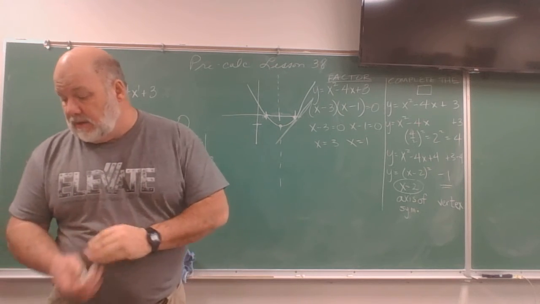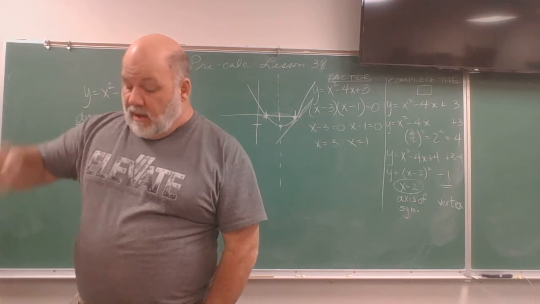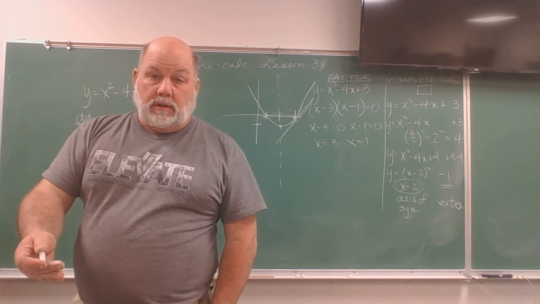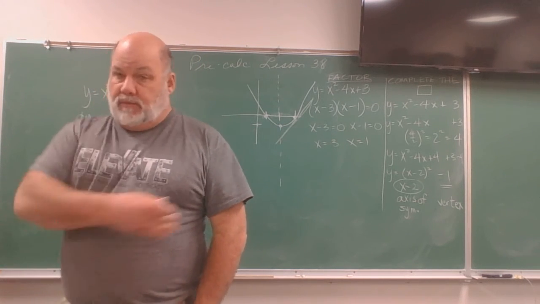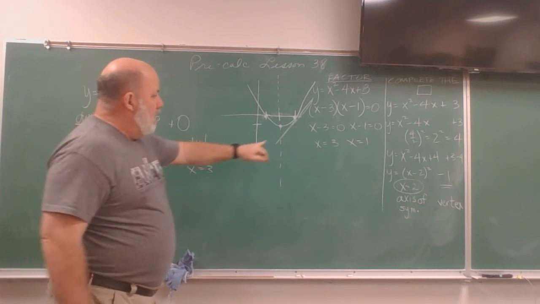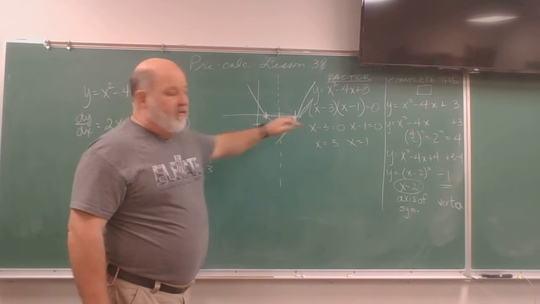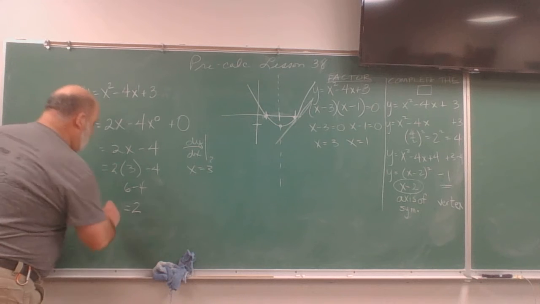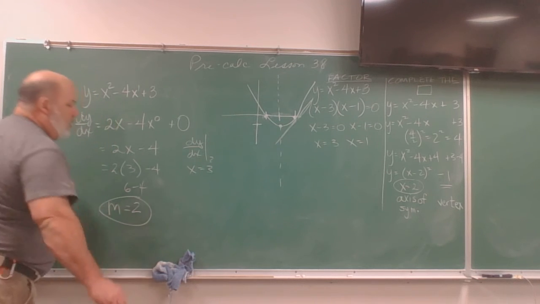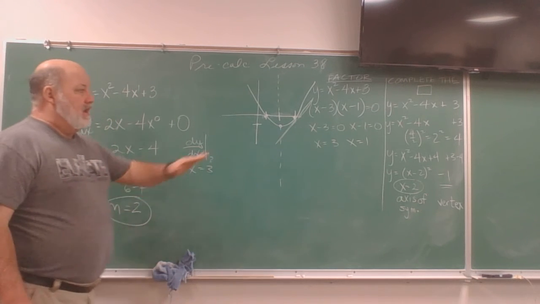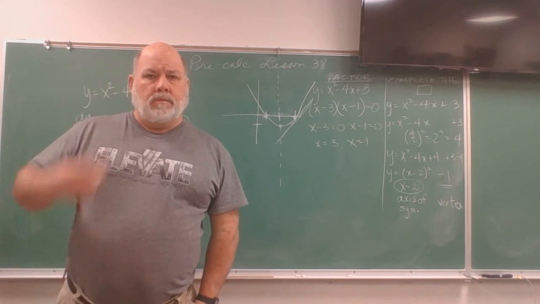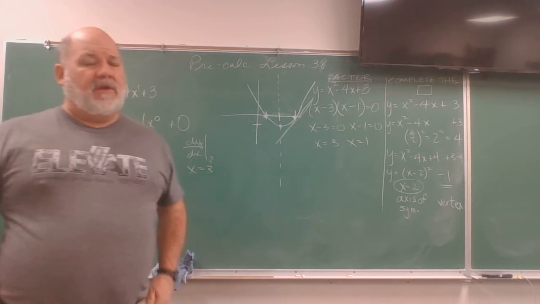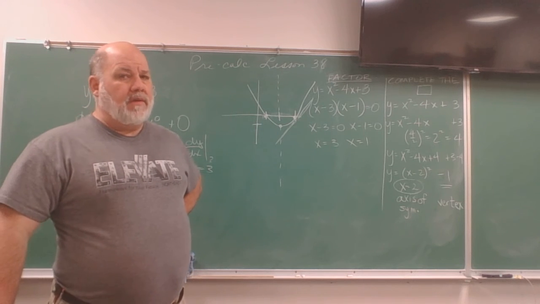Now, the second question says, find the equation of the line tangent to the graph that we just did. In other words, in the first question, all they asked us to do was find the slope. The slope was 2. Now they're turning around and saying, okay, what's the equation of that line? Two things I always tell you you need to find the equation of a line. What are they?